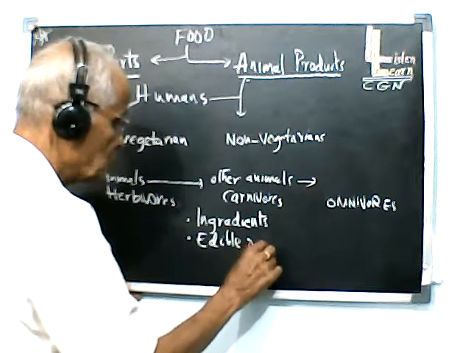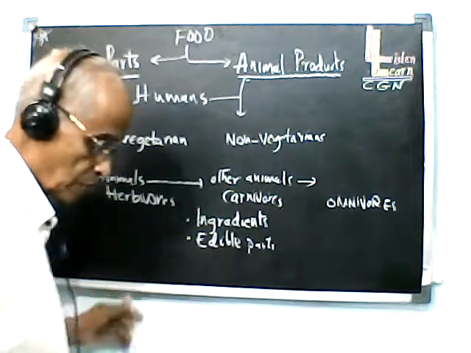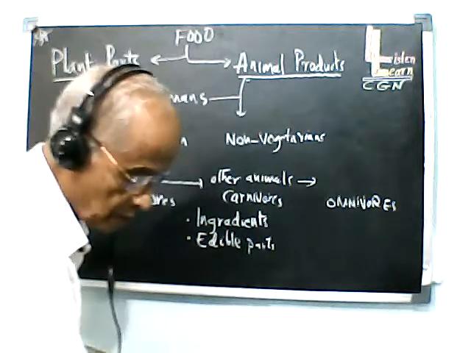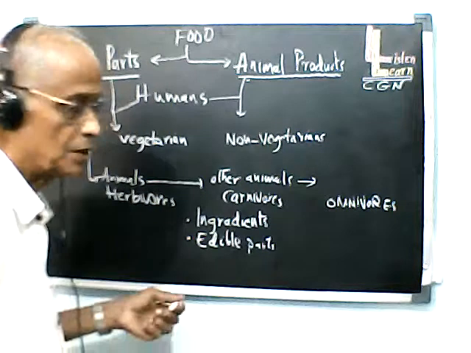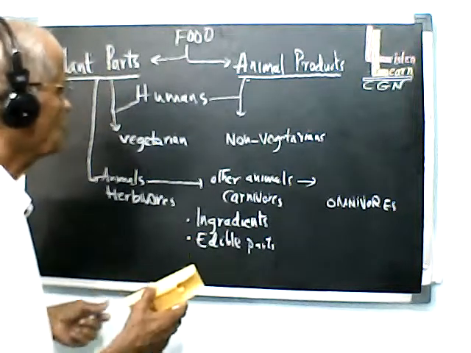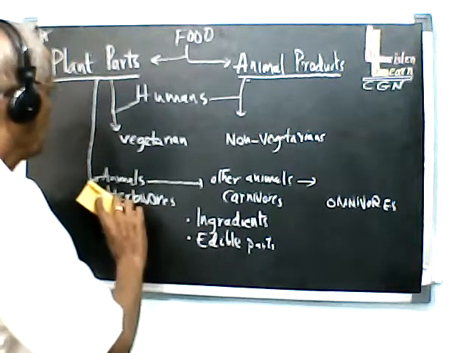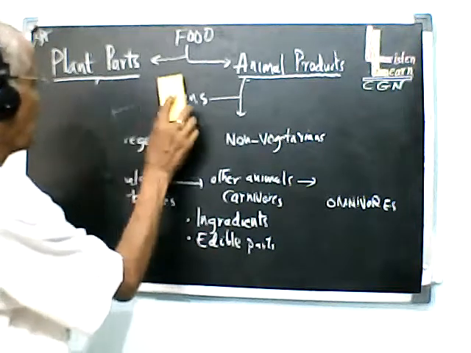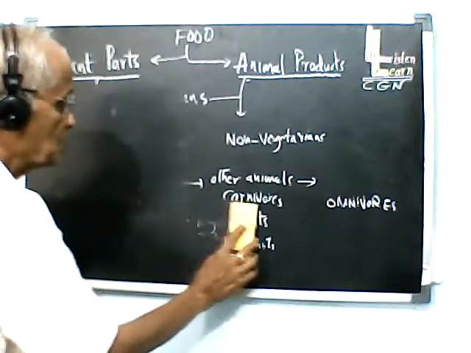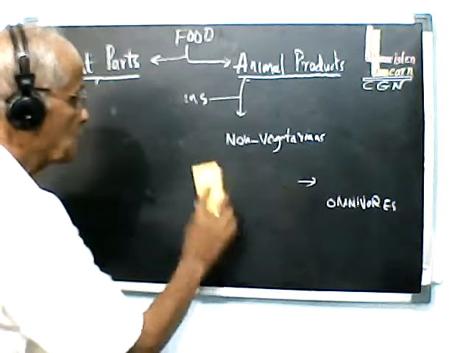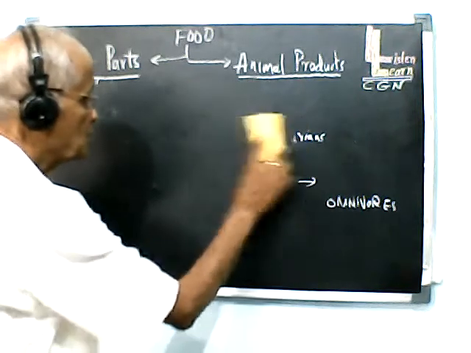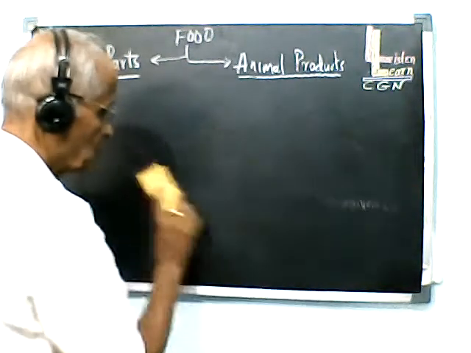So this is what we learned yesterday. Today, we will try to go a little further and find out which are the plant parts that we normally eat and which are the animal parts which we normally eat. Let's try to find it out now.